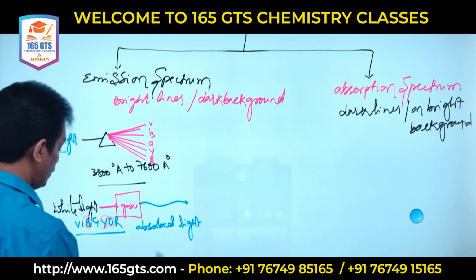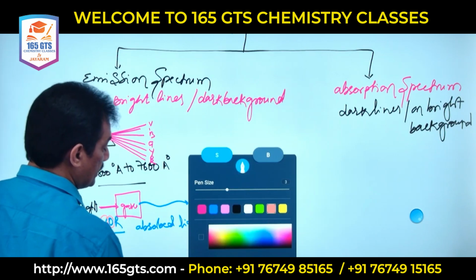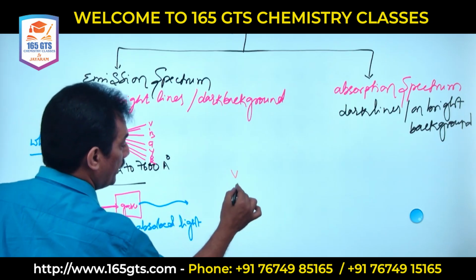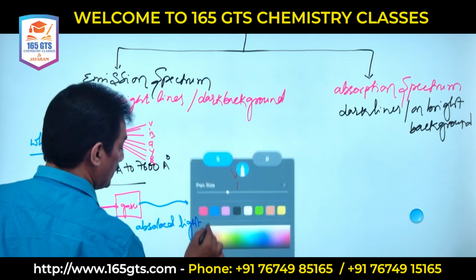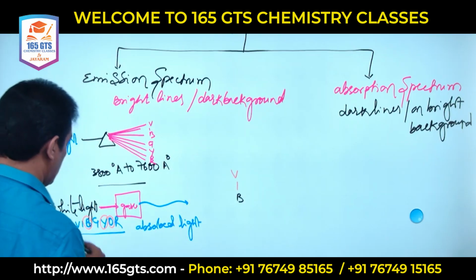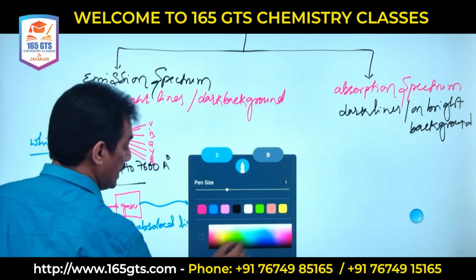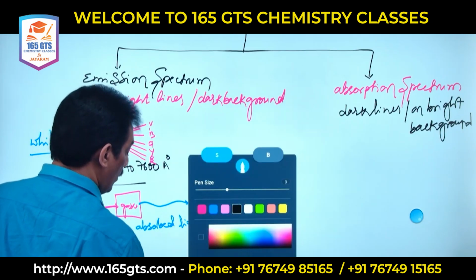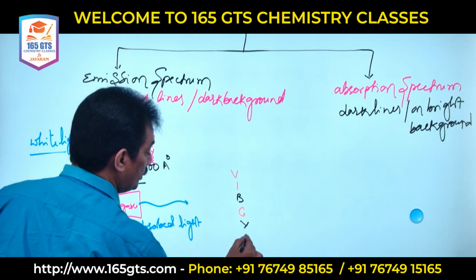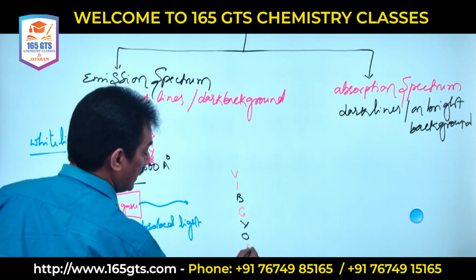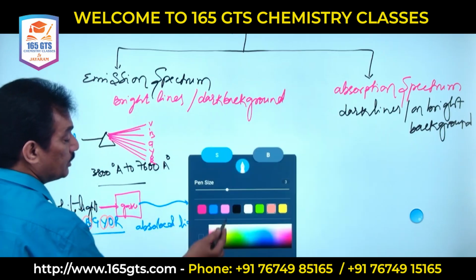As per our assumption, the radiation which is present is violet, indigo, but blue is missing because it is absorbed. Then green is there, and yellow and orange, these two are missing. And again, red is there. And how can we observe this?